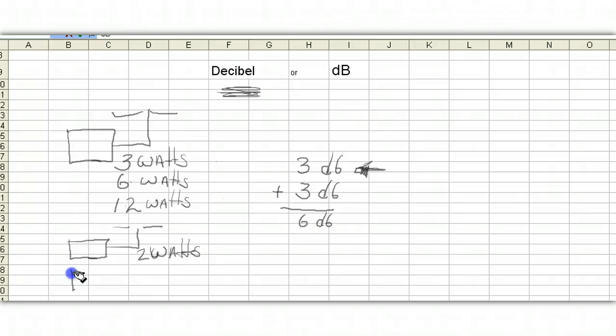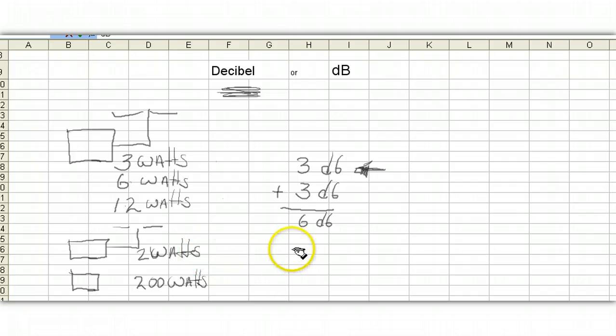So this time you're pretty impatient, and instead of small increments, you go from 2 watts to 200 watts. So the guy on the end says, man, I can really hear you well now. How many dB did you increase your power?